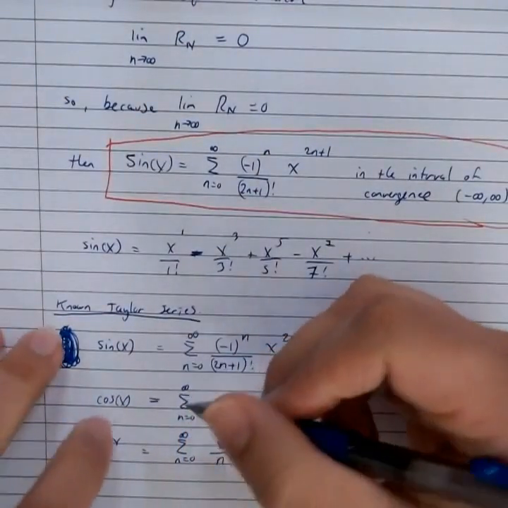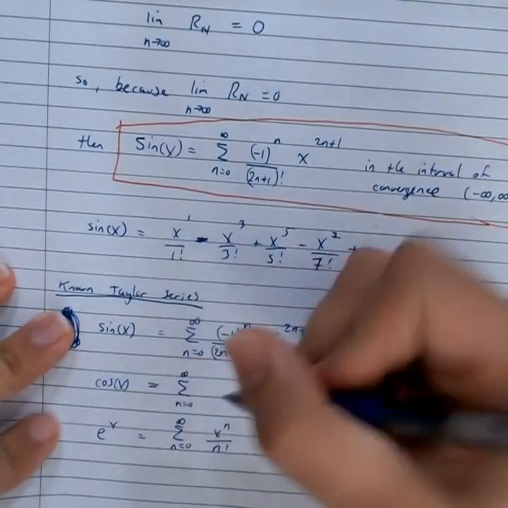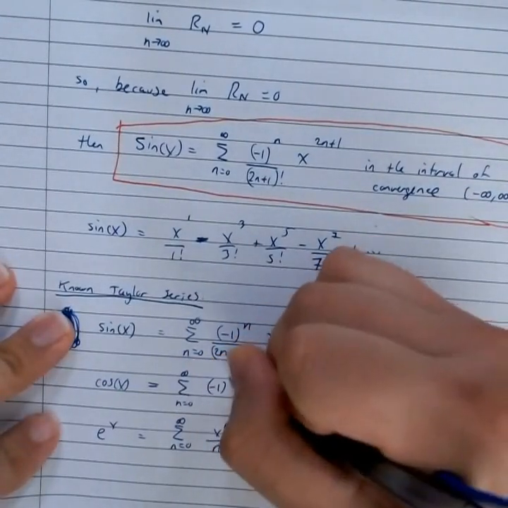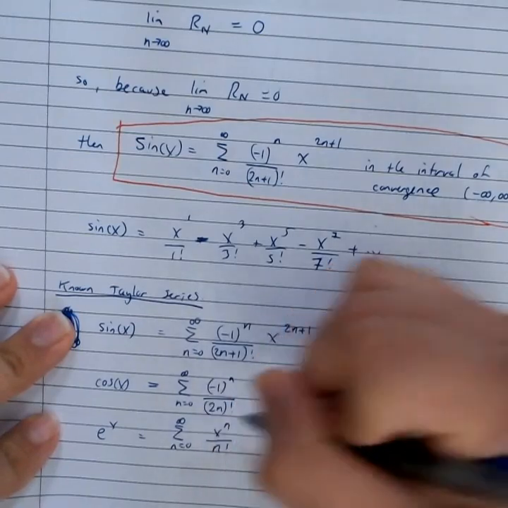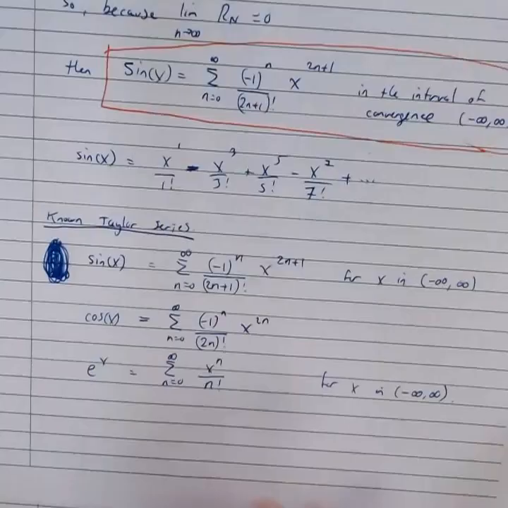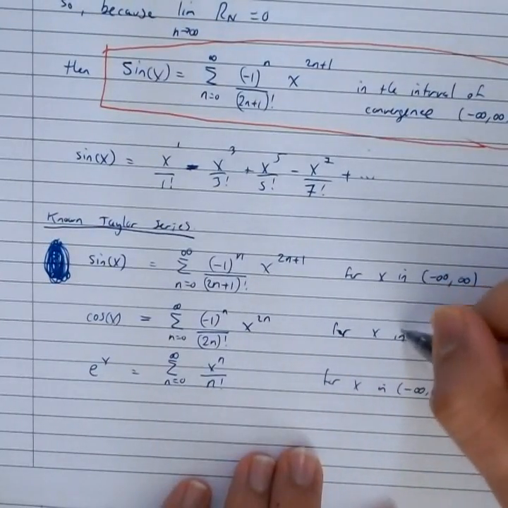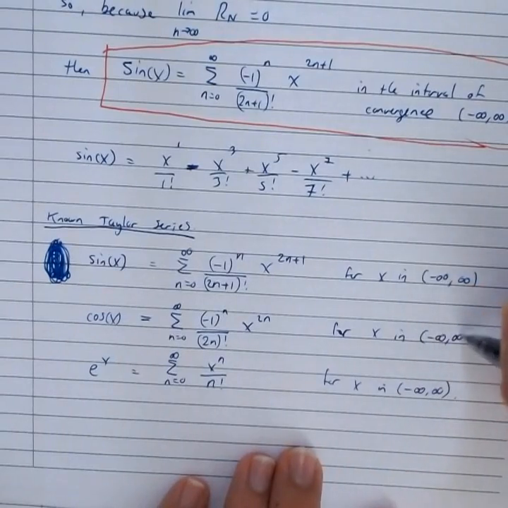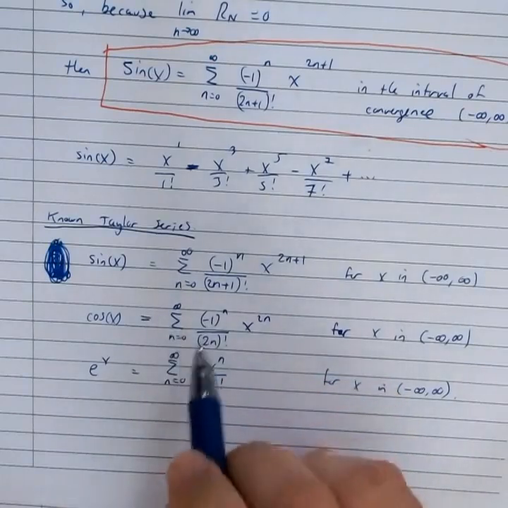So that's the sum as n goes from 0 to infinity of, and I already forgot what I got, negative 1 to the power of n over 2n factorial times x to the power 2n. And this will also converge for all real numbers. Here I've taken a bit of a shortcut to give us what the series would look like.